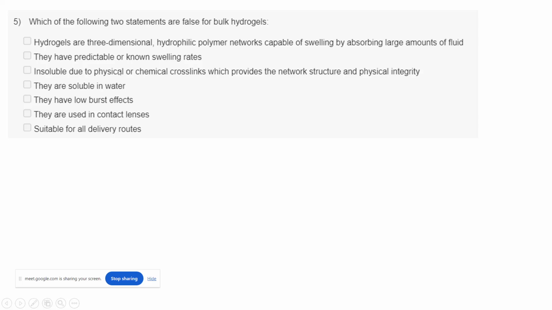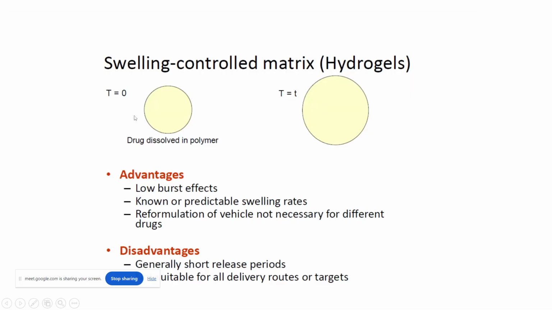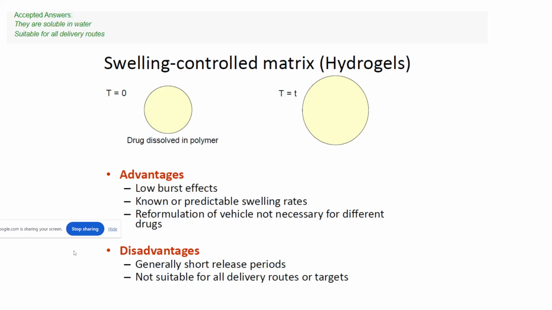They are insoluble due to physical and chemical crosslinks which provide the network structure and physical integrity. This is also true. And because of this, they are not soluble in water. But here it says they are soluble in water, so this option will be wrong. They have low burst effects, correct. They are used in contact lenses, again correct, but they are not suitable for all delivery routes. So these two options will be the correct option.